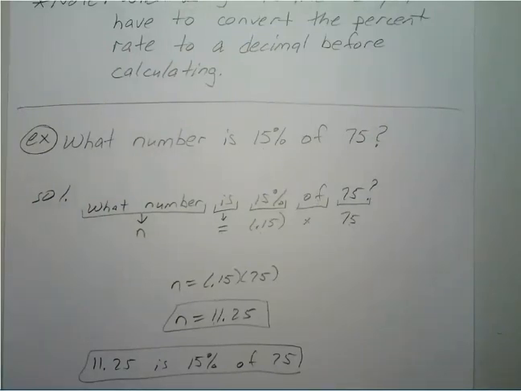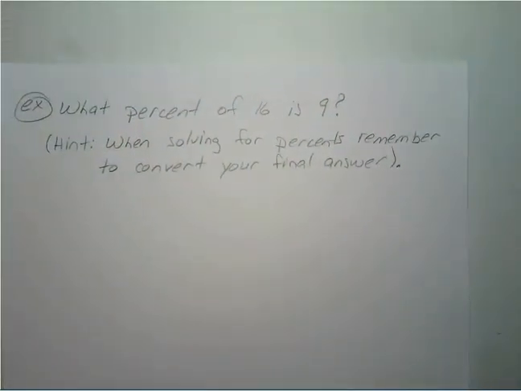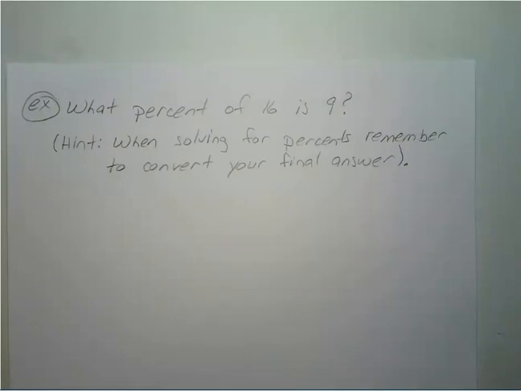All right. So if you are still writing, of course, feel free to press pause, but we're going to go ahead and move on to our next example. Okay. So what percent of 16 is 9?